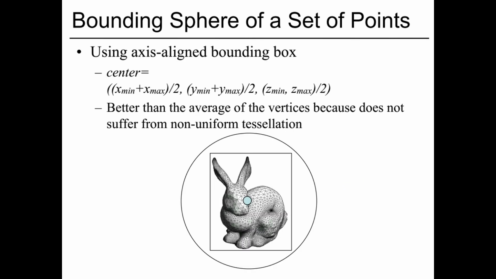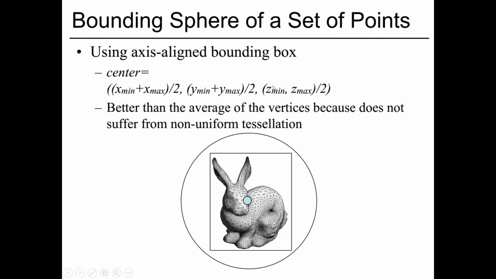Okay, so once we know how the radius will be defined, now we need to know what the center will be found as. If we were to use axis-aligned bounding boxes, then the center would be found as x min plus x max divided by 2.